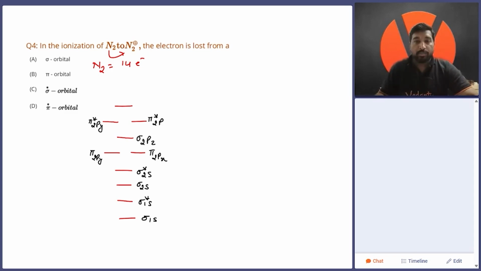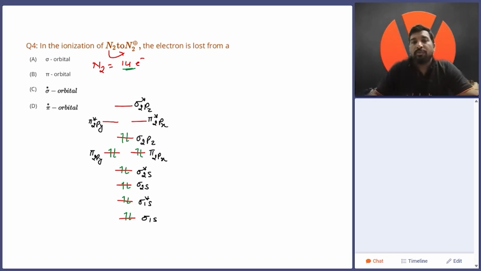No, not z, 2px. That should be the sigma star 2pz. Now fill the electrons. There are 14 electrons in the case of N2. So 1, 2, 3, 4, 5, 6, 7, 8, 9, 10, 11, 12, 13 and 14.